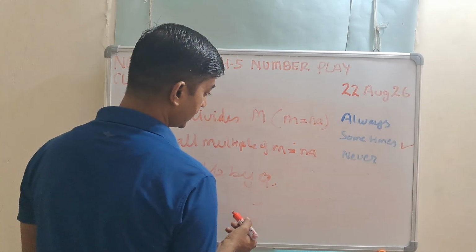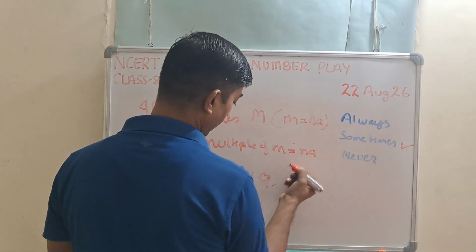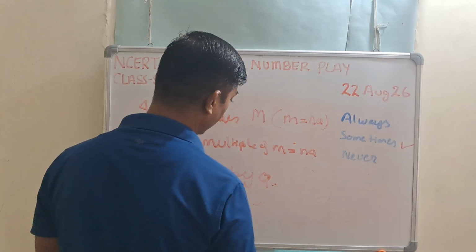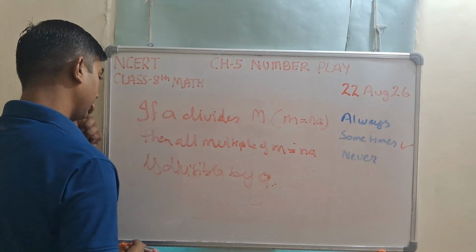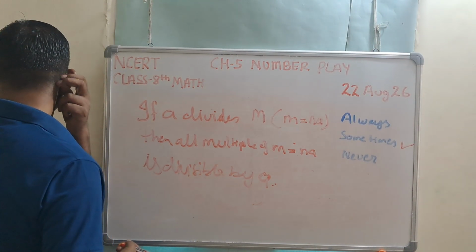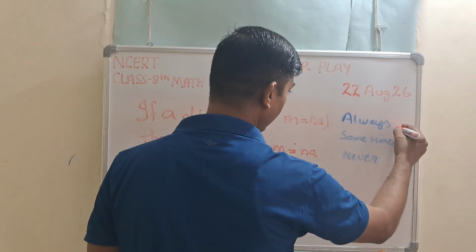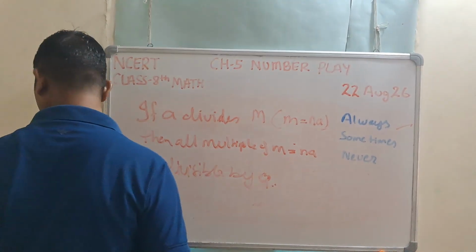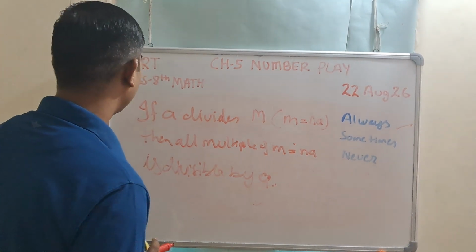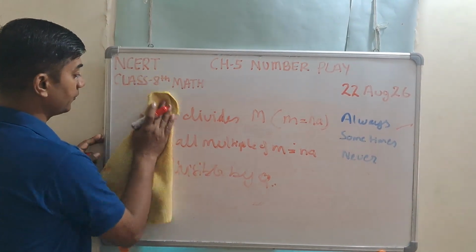You have understood that from the statement itself. When m is equal to na, then a perfectly divides na. And this statement is always true. Understood? We have taken the case of 7 and multiples of 14.